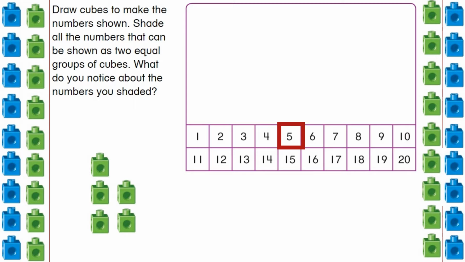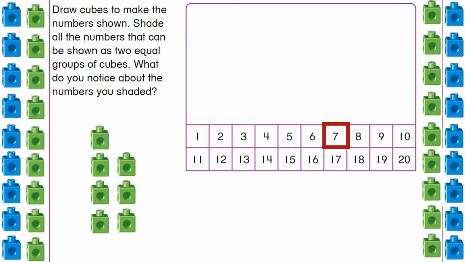Oh, now there's 5. But then it's 6. It's even again. And now it's 7. It's a little crooked. It's a little uneven, right? One is taller than the other.